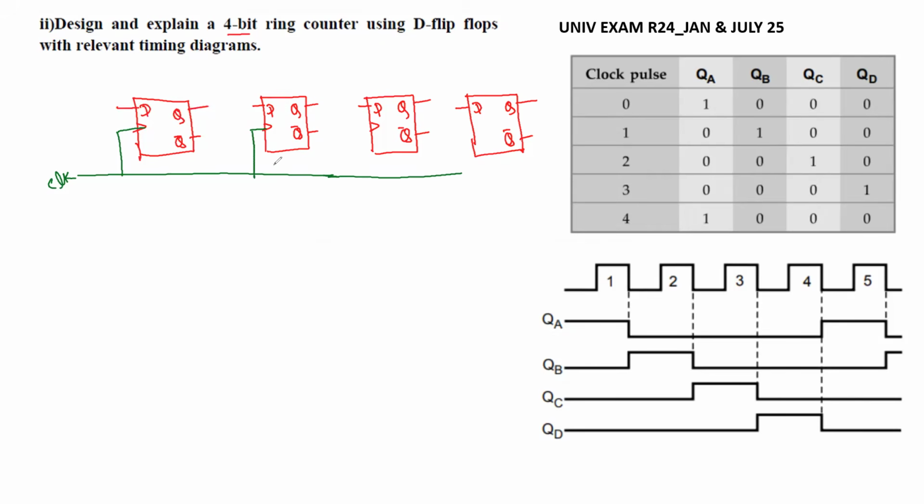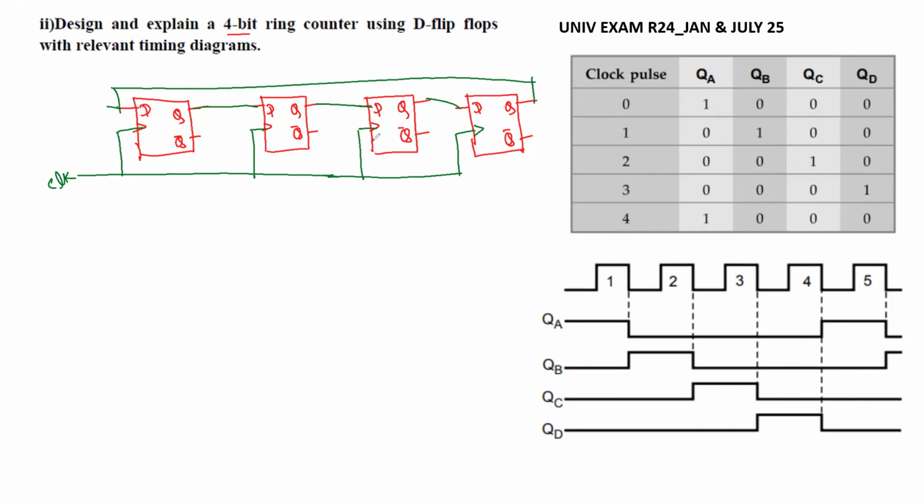First you connect this. Apart from this, you can also give the reset connection to each flip-flop. In a ring counter, the previous stage output is the input for the next: output, input, output, input. It is circular like a ring, so the last output is connected to the first input.